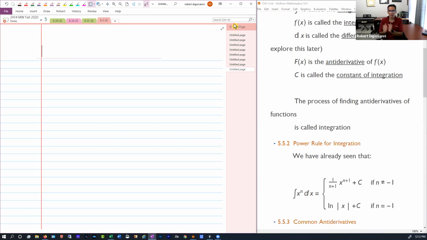Cal 2 is called integral calculus because you're doing integration. And then Cal 3 is usually called vector calculus because you're basically doing both differentiation and integration, but now in 3-dimensional and 4-dimensional space with vectors and vector fields. So differential calculus, integral calculus, vector calculus is usually the way it's broken up.